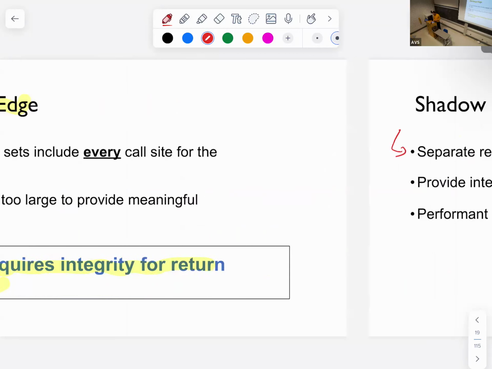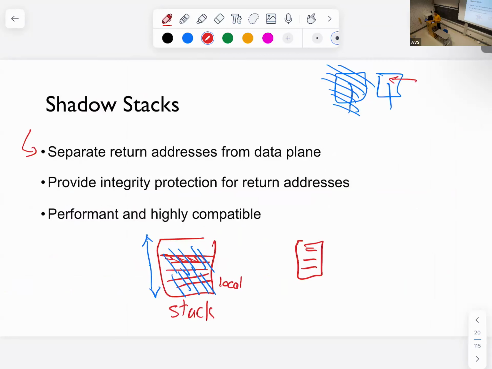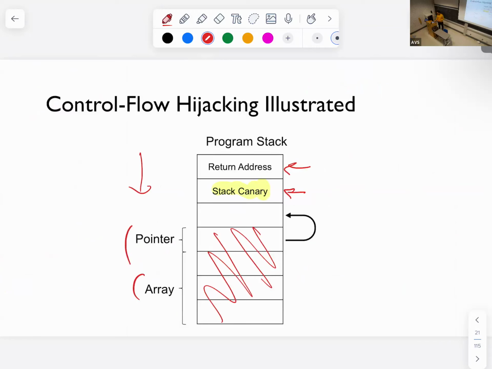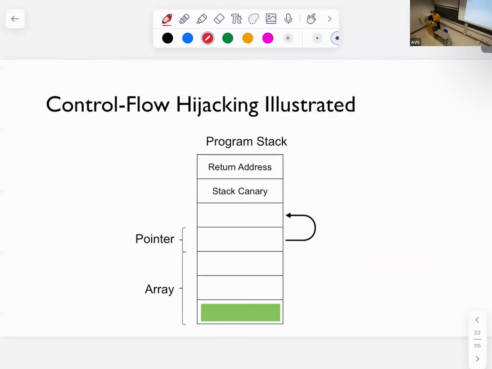What's the best way to do this? The best way is using some form of a shadow stack, because even if you have a stack canary, you still cannot really provide security for the system, since the adversary can jump over the stack canary or read it. But there's no way that the adversary can actually attack and corrupt a shadow stack.